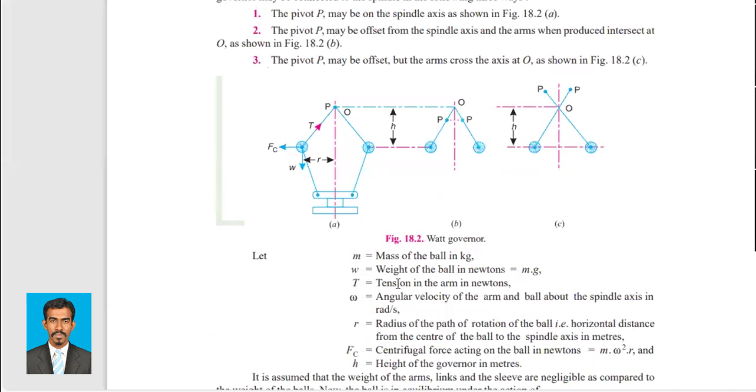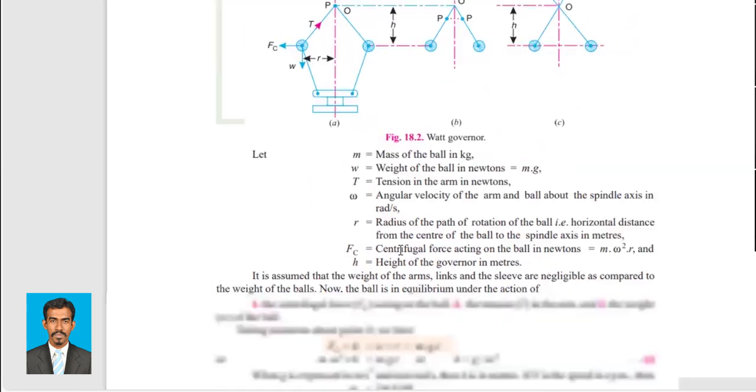So here are the usual terms: m, mass of the ball in kilogram; W, weight of the ball in newtons, so W is equal to mg; T, tension in the arms, in newtons; omega, angular velocity of the arm, that is angular velocity about this spindle; and r, radius of rotation.